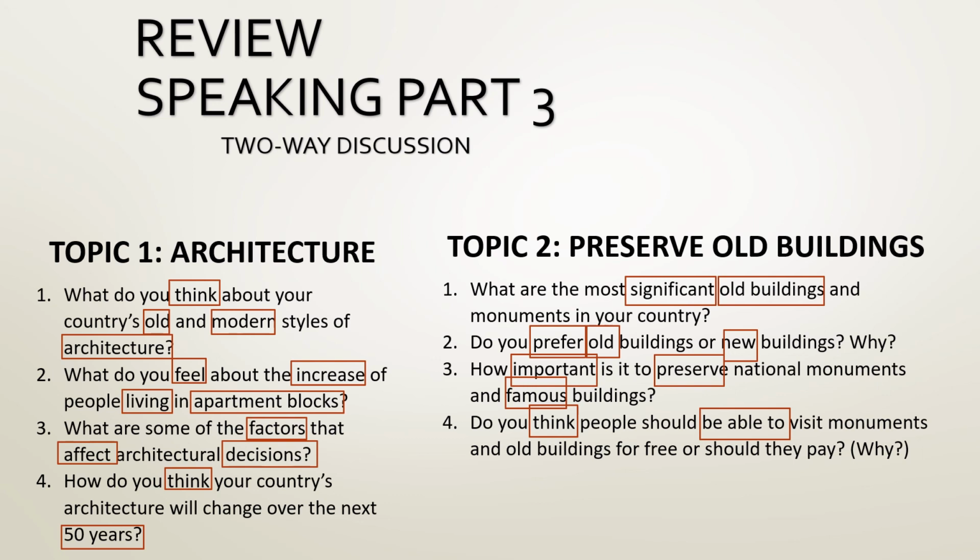Then we have to give our explanations and examples. Okay, so I'd like you to look for synonyms of the highlighted keywords here in the topic preserving old buildings. Okay, so you may pause this video and you may use your dictionary to try to search for some synonyms, or at least change the function of the word.